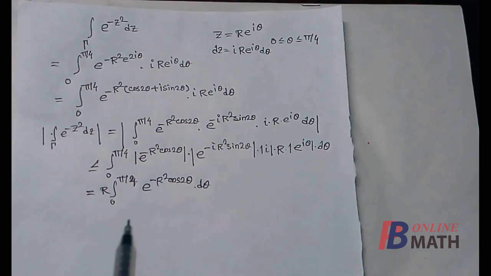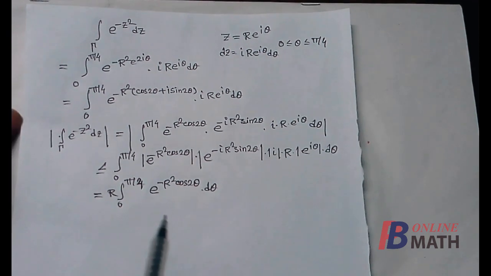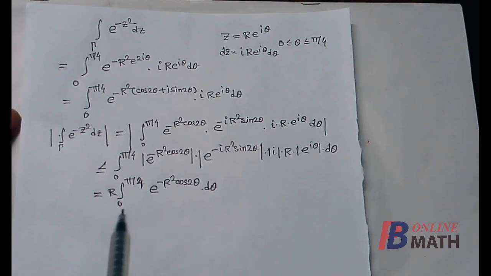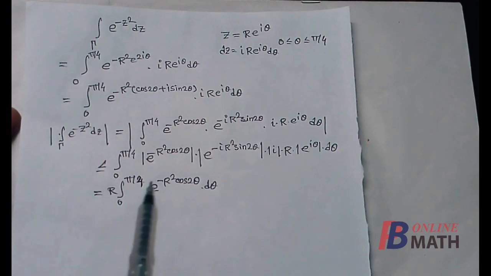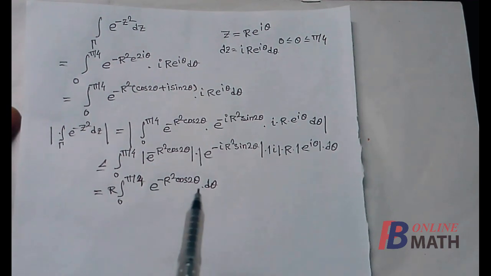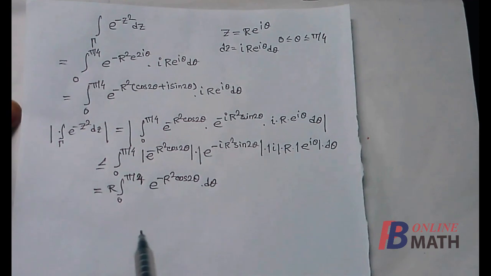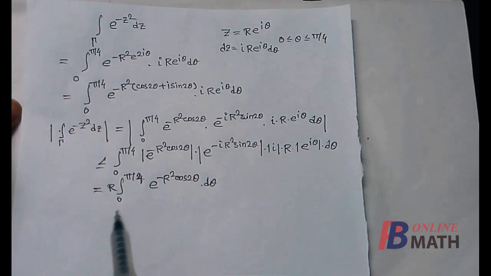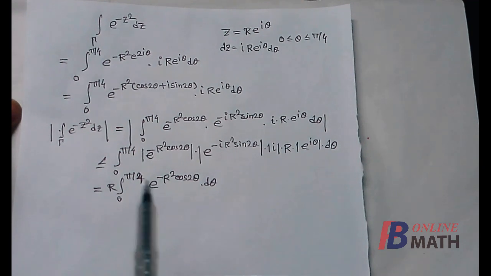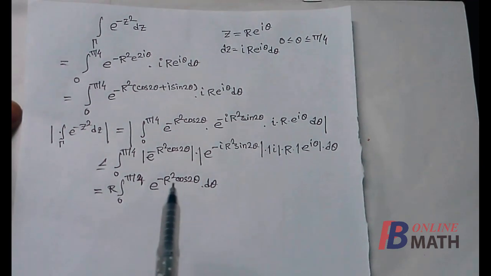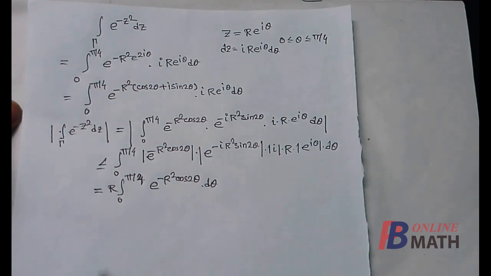For that reason we want to apply the Jordan inequality, but here we see that the limit is from 0 to pi by 4, and moreover there is cosine 2 theta instead of sine theta. So to apply Jordan's inequality, we have to convert this limit from 0 to pi by 4 to 0 to pi by 2, and also in place of cosine 2 theta we have to replace sine theta.